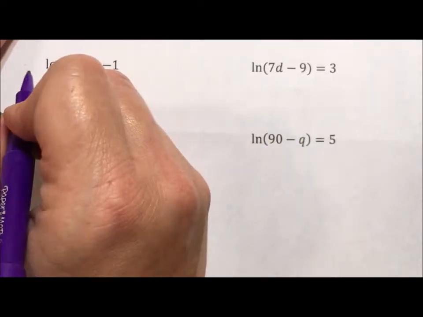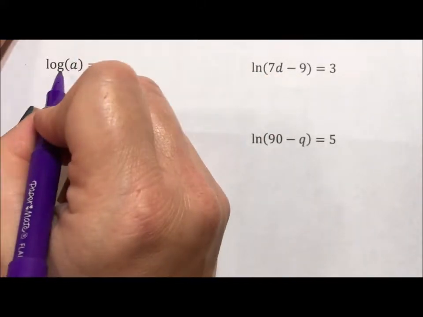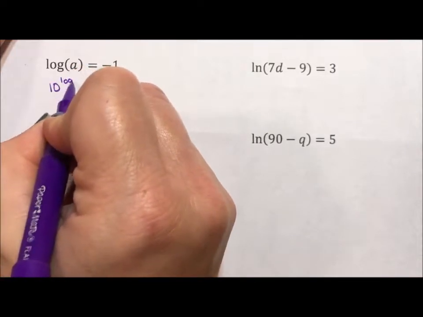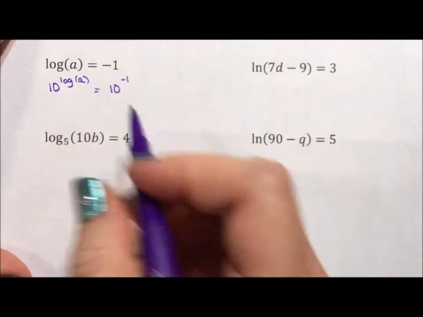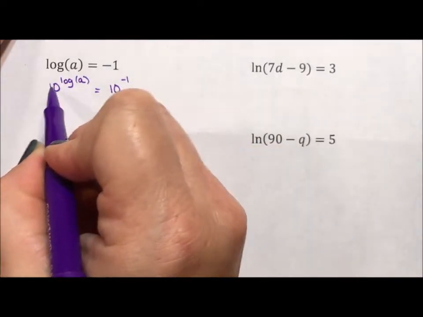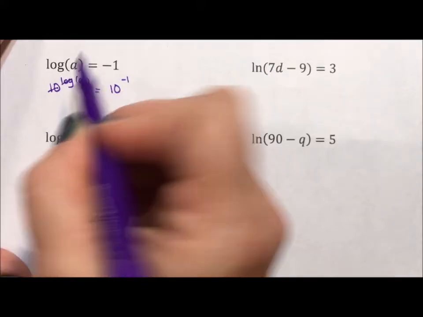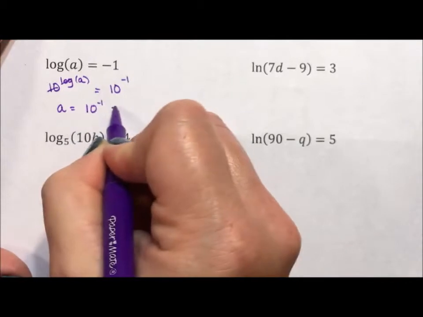But what I'm going to do is I'm going to say if these are exponents, because logs are exponents, and this is log base 10, then 10 to the power of log a equals 10 to the power of negative 1. Well, if they're inverses, if you take a log and then make it an exponent, they undo each other. So a is going to equal 10 to the negative 1, or 1/10.